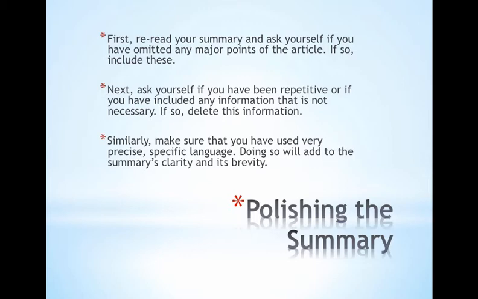If you do that, it's going to add to the summary's clarity and also its brevity. Summary writing is almost like writing a poem. Because it's shorter than, say, writing a novel, you have to use the most powerful words you can use at any given time so that you can make the piece as short as it can be.